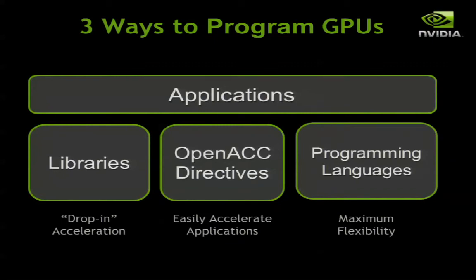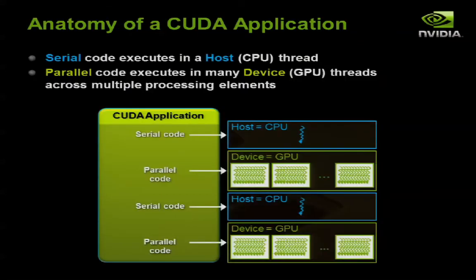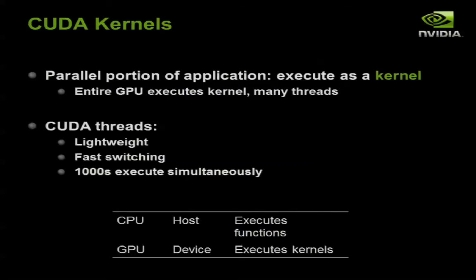On the NVIDIA side, there's the parallel code that is then being farmed out to the GPU. The parallel code executes on the GPU, and it can be one or multiple ones. That's then up to your particular application. The code that runs on the GPU is called a kernel.